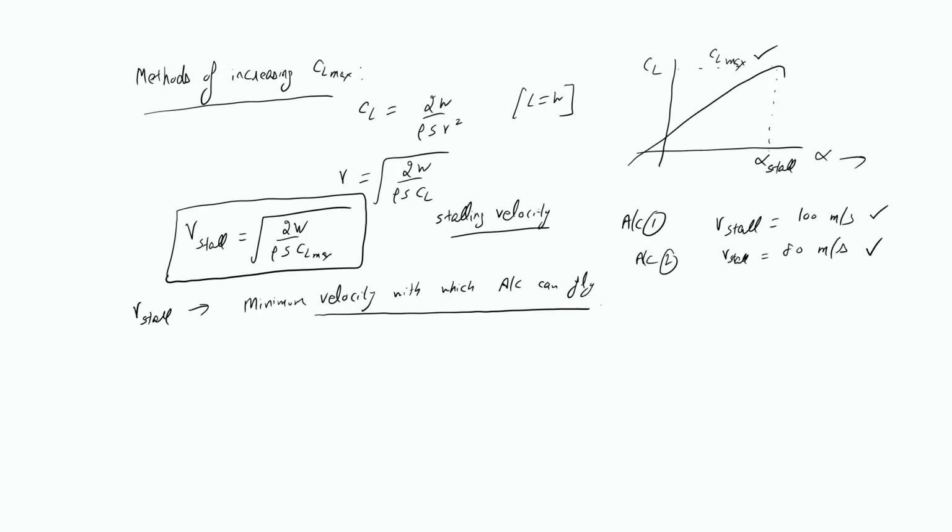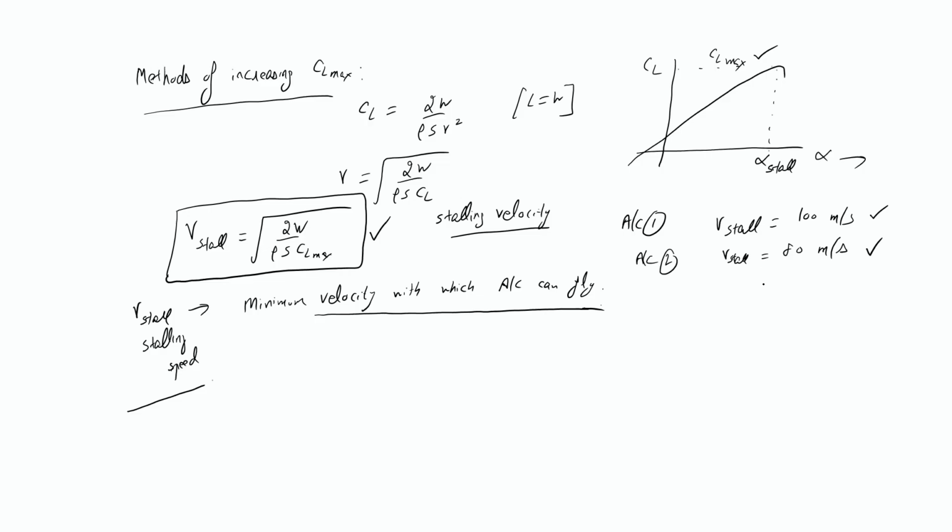This is also known as stalling speed. For straight and level flight, this is given by this expression. So the Vstall definition is the minimum velocity with which the aircraft can fly.